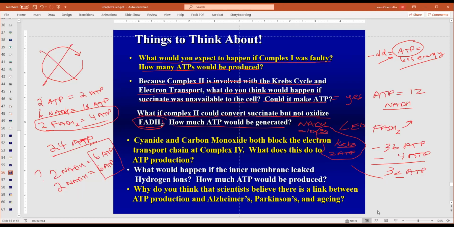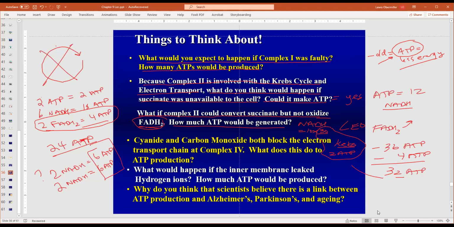So you're just going to have to mathematically keep track of this stuff, because as scientists, let's say someone comes in and you test their ATP and they're making 4 less ATP. What would your diagnosis be of them if they lost 4 ATP?